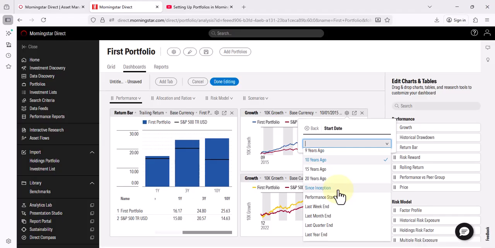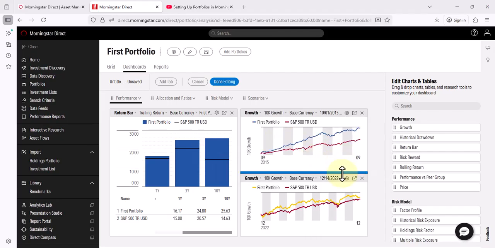I could put those dates in there as well. But here I'll just keep it simple and say, I just want to see over the last 10 years what my portfolio would have done. So that's what I have here. Back to 2015, right now it is December 17th, 2025. We're going back 10 years.